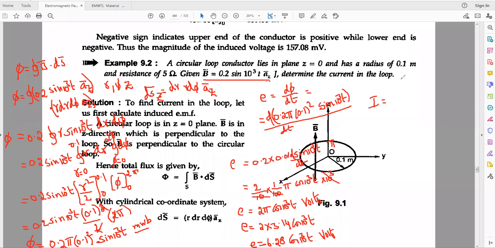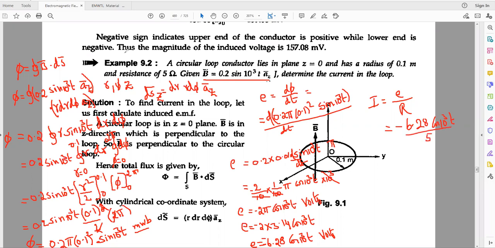Always I is equal to induced EMF by the resistance R. Substitute the induced EMF here as 6.28. The derivative of sine is cos, with a minus sign, so minus 6.28 cos 10 cube into t by the resistance.